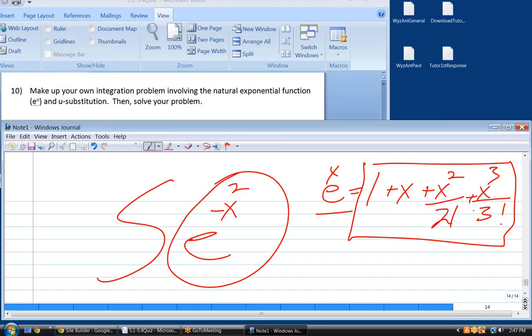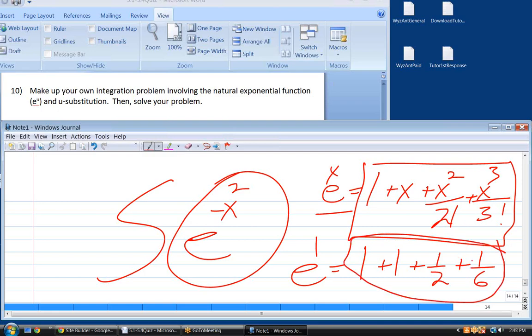But if you use the first 3 or 4 terms of it, you'll get an excellent approximation for e. If I want e to the 1, well, I know that's 2.71. In this case, it's 1 plus 1 plus 1/2 plus 1 over 6. This is 2 factorial and 3 factorial. You can see that that is honing right in on 2.7. And the more terms you add, the closer you'll get.